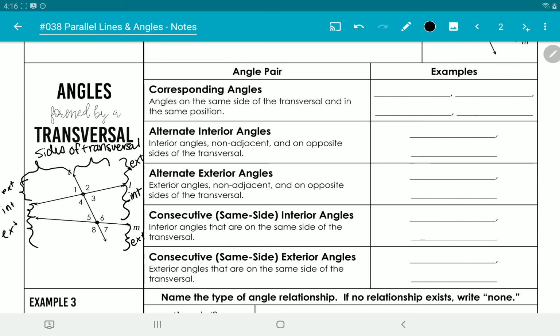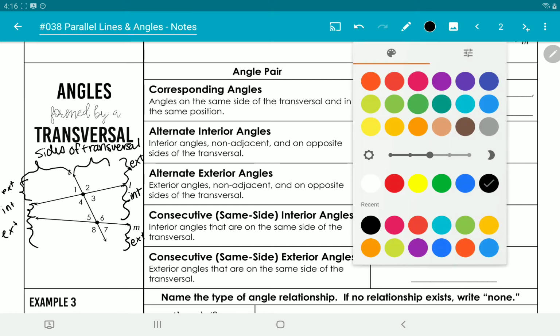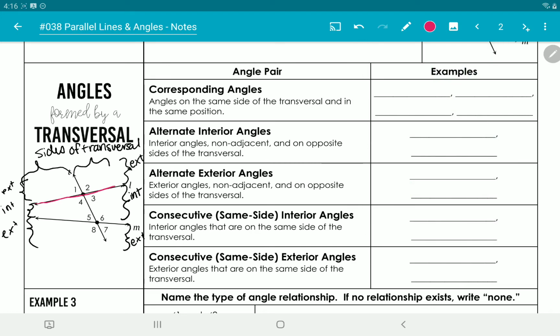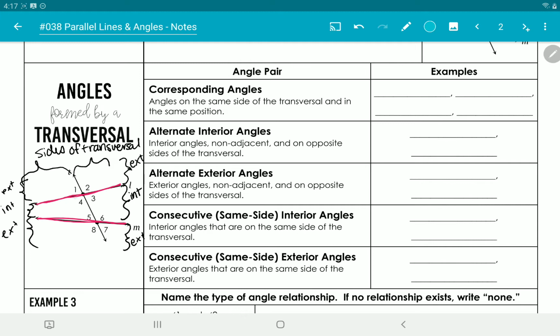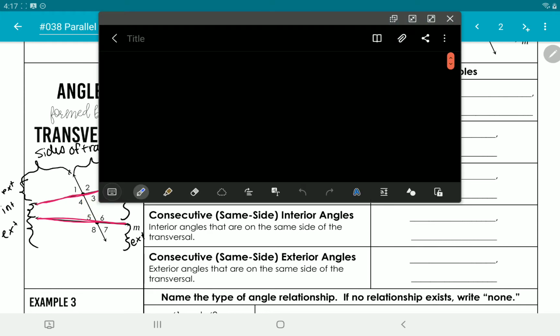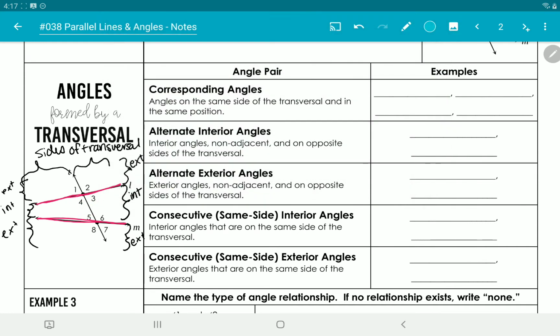So looking at these two lines here, if I picked, say, these two angles, if I marked this one and this one, you can see they're both on the exterior. They're on the outside of the two lines. If I picked 4 and 5, you can see they're in between the two lines, so they're on the interior. Okay, I don't know why that keeps popping up.